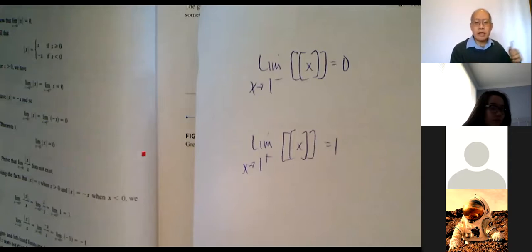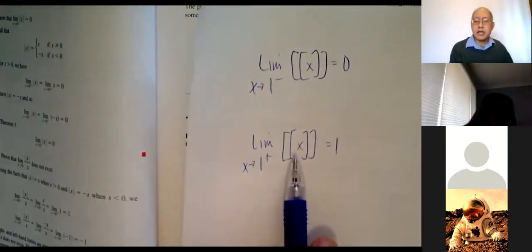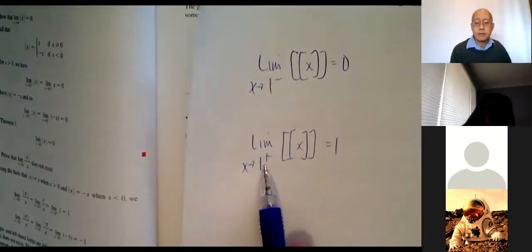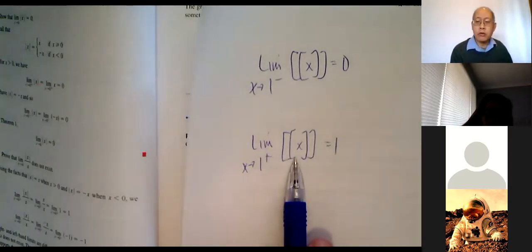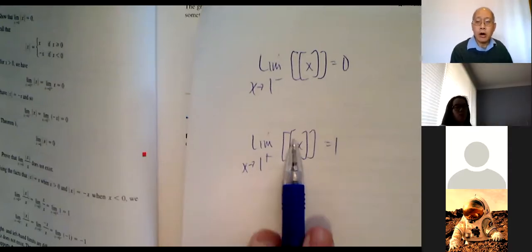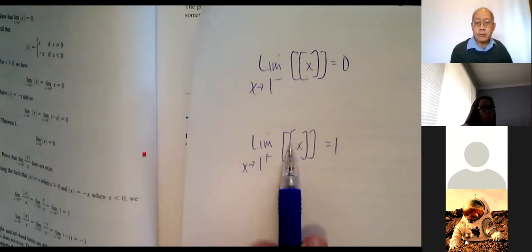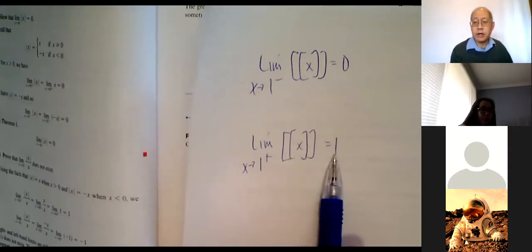And if you stop and think about it, it makes sense. What's the greatest integer function of, okay, so I'm going to approach 1 from the right. 1.1, 1.01, 1.001, 1.0001. All of those, if you apply the greatest integer function, would give me 1.